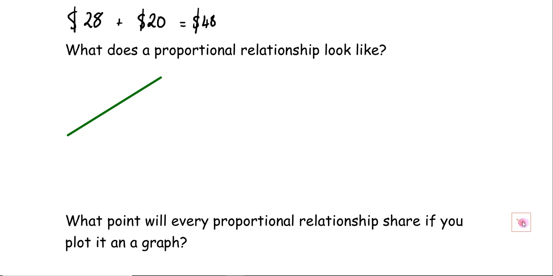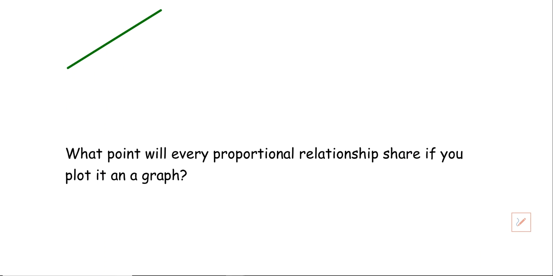And then Sam, what point will every proportional relationship share? You gave us this at the end yesterday. Remember that, Samuel? 0, 0, isn't it? It always goes through 0, 0. Because if you've not won any medals, how much money do you get? 0. Good. All right.